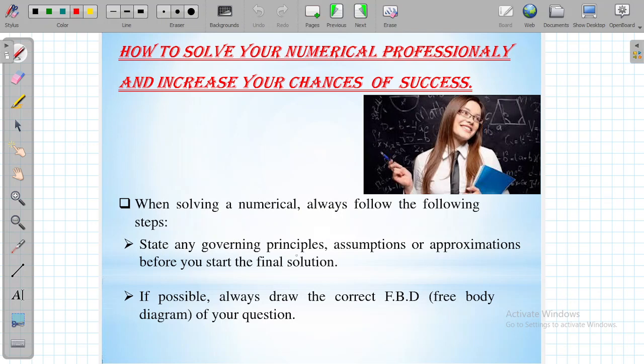It tells the examiner that you know the basic nitty-gritties of this numerical problem, and that you understand where the supports need to be installed, what the respective reactions will be, where the loading has to be placed, and whether the sense of the friction is properly placed in the numerical. So the FBD is very important when solving any numerical.